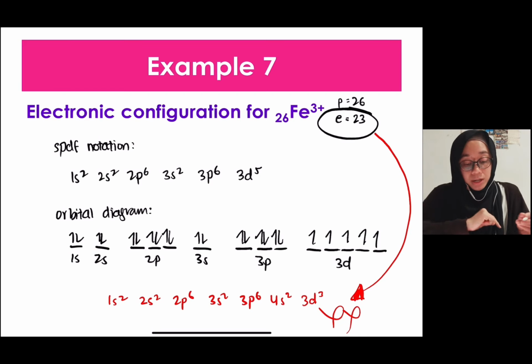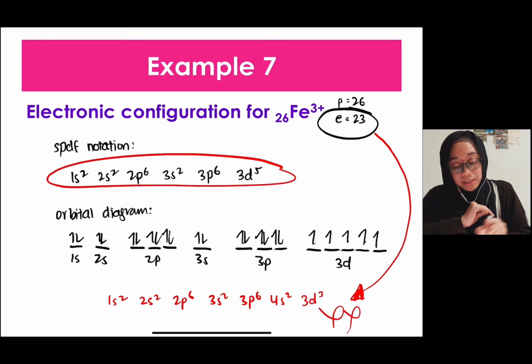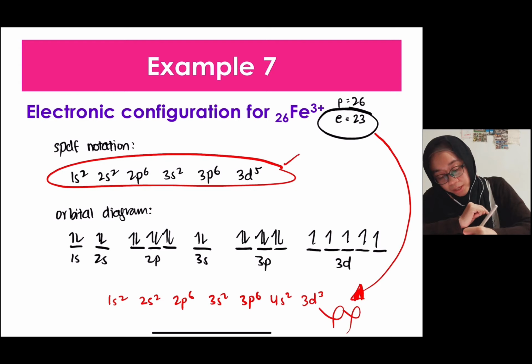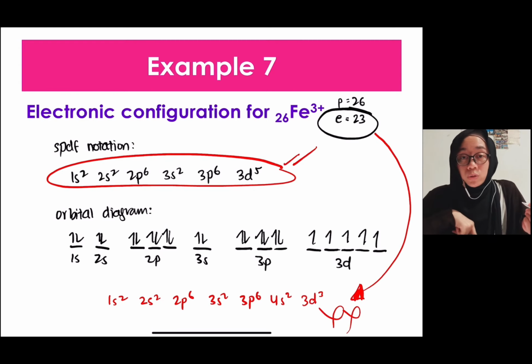Tak sama pun dengan spdf notation yang berada dekat atas ni. Okay, so the one yang kat atas ni betul, tapi yang bawah tu adalah salah. So that might be a careless mistake lah. Kalau kamu terus ambil, oh ada 23 elektron, so terus buat macam biasa, no, salah sebenarnya. Kamu kena tengok balik daripada atom dia yang asal. So kita nak kena remove dahulu daripada 4s.